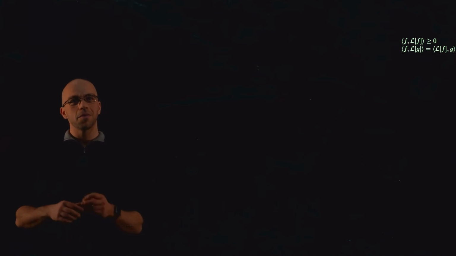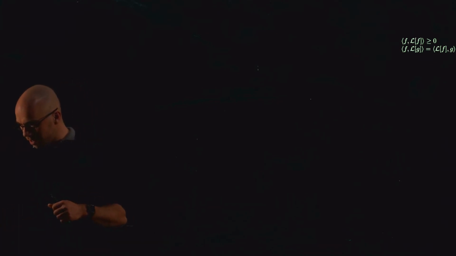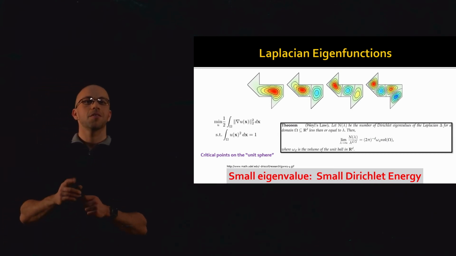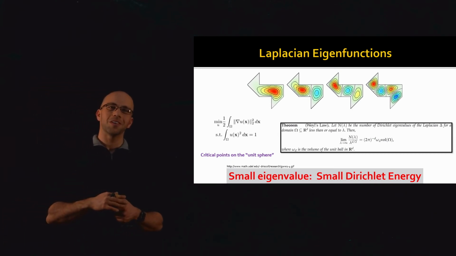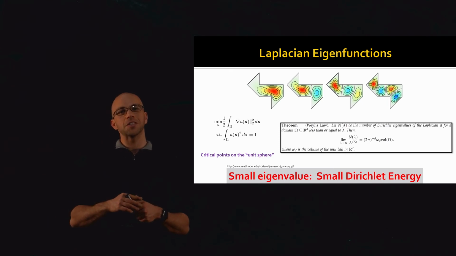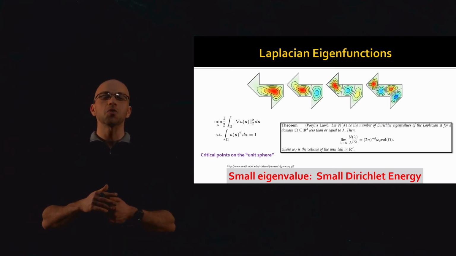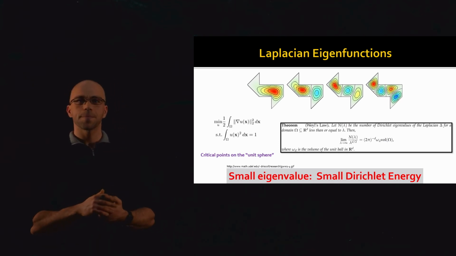Okay, so now let's take a look at what these Laplacian eigenfunctions look like. Here I'm showing you a few for a given region. These are what we call Dirichlet eigenfunctions, meaning that I've added a constraint that u is identically equal to 0 on the boundary of our domain.